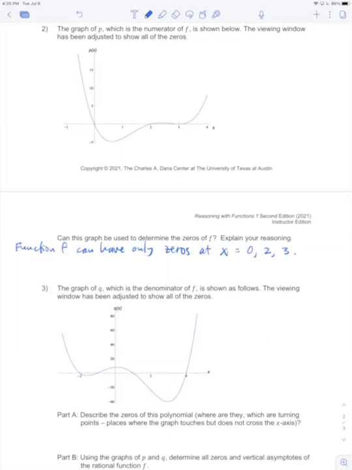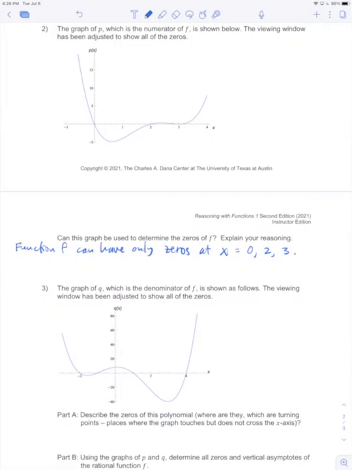So part 3, the graph of q, which is the denominator of f, is shown here as follows. The viewing window has been adjusted to show all of the zeros. Part A says describe the zeros of this polynomial, where they are, and which are turning points, places where the graph touches but does not cross the x-axis.